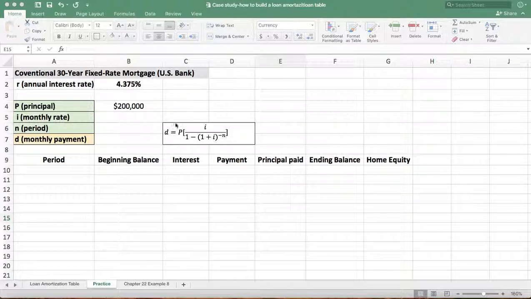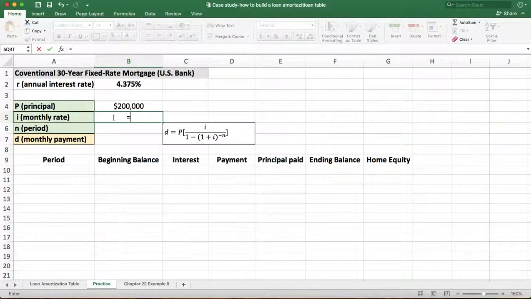Use this formula to calculate monthly payment. We need to know three arguments: I, P, M. I is monthly interest rate. Since annual interest rate is this one, divide by 12.